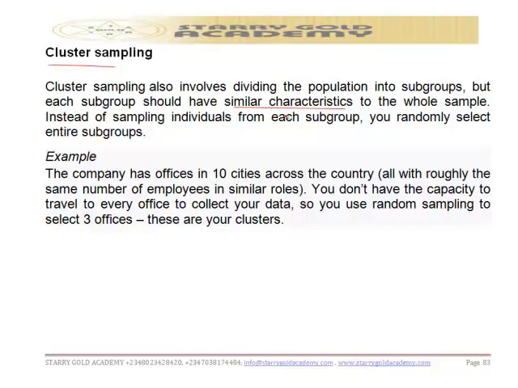For example, the company has 10 cities. This cluster is more or less related to places. Understand? Like I said, we have 10 cities across the country, so you don't have the capacity to travel to every office to collect the data. So you use random sampling to select 3 offices. These are your clusters.